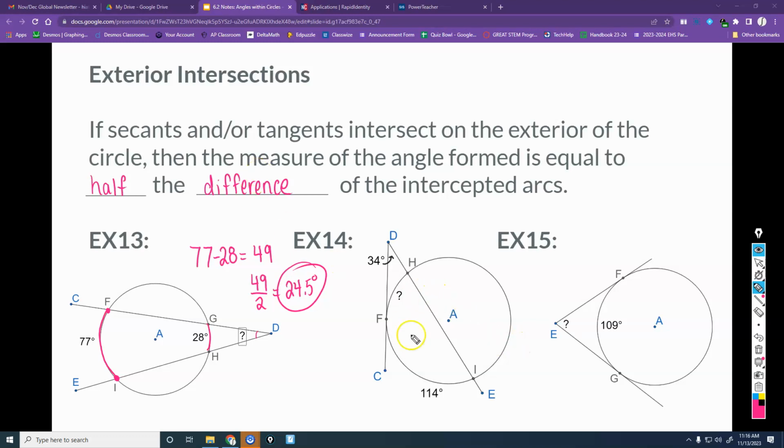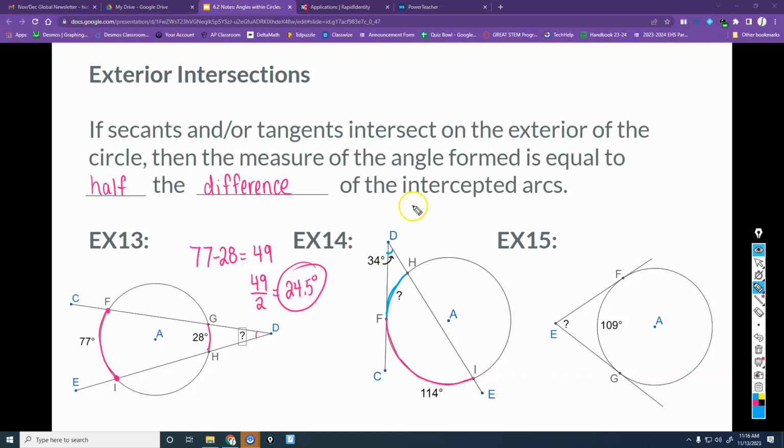So, just real quick, let's do 14. This is 114 right here. They did not give us the one we need to know, but they did give us the angle over here that would be like our answer, right?